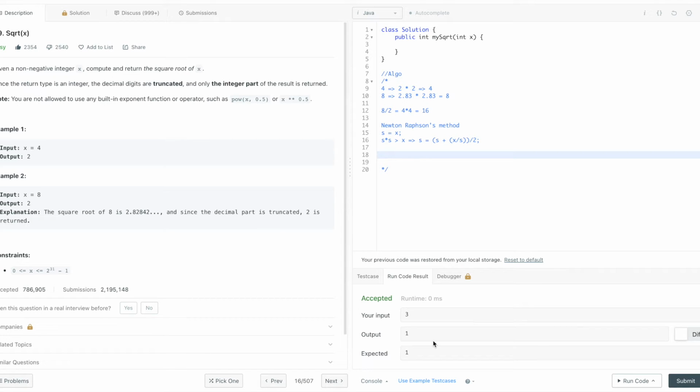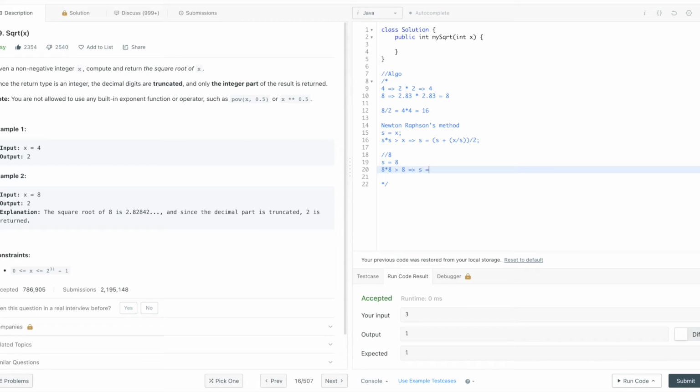So let's run through this method with an example. Let's take 8. We know that the square root of 8 is 2.82, so our result should be 2, right? So let's run this through. s will be 8. Then we check if 8 times 8 is greater than x, which is 8. Is 64 greater than 8? Yes.